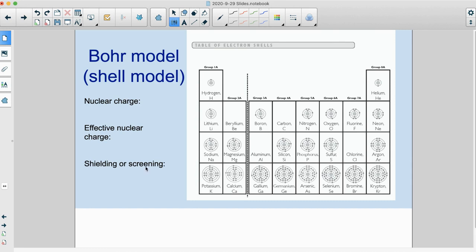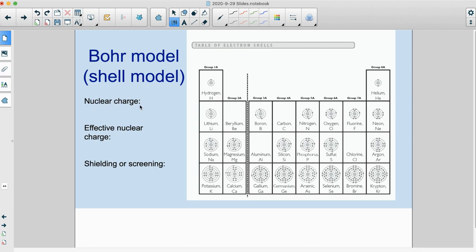To start us off, we're going to be looking at the Bohr model. The Bohr model is a great model for thinking about the electrons in an atom and how they're arranged. It's not a complete picture of the atom, but it's a very good model for thinking about how electrons and the nucleus interact. So we've got a few definitions that we want to define here.